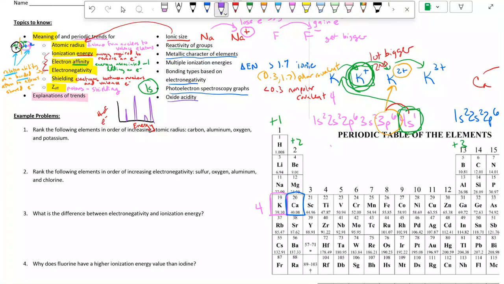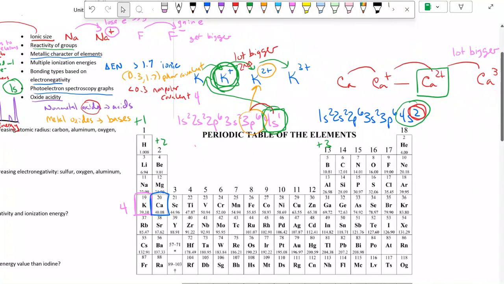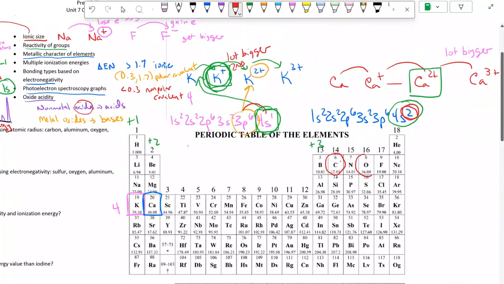Okay, and then oxide acidity is just as simple as nonmetal oxides are generally acids, and metal oxides are bases. And oxides are simply elements with oxygen. So a nonmetal oxide would be like carbon and oxygen.